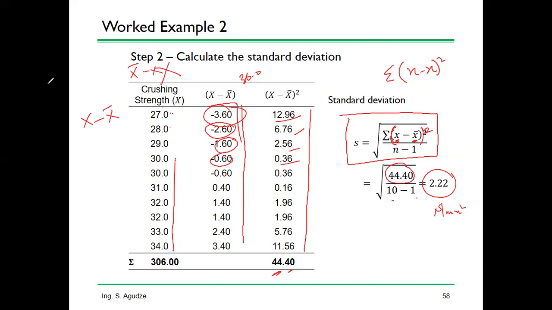Then what else? We are almost there because the formula is Fk is equal to what? Fm minus 1.64 times S. So we have got the values. What we can do now is to go and substitute these values.